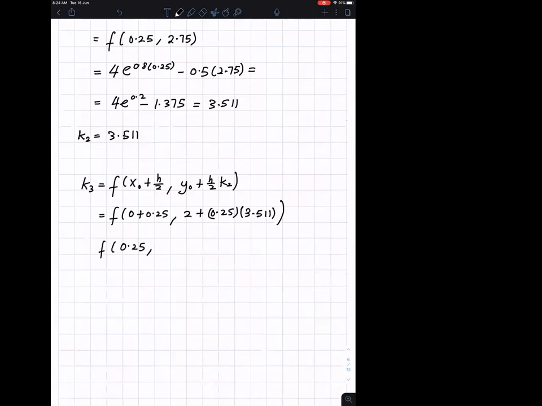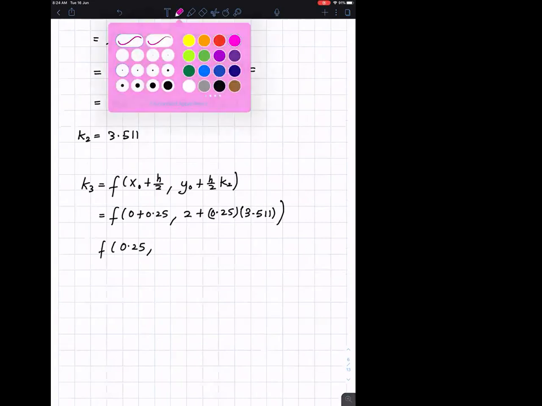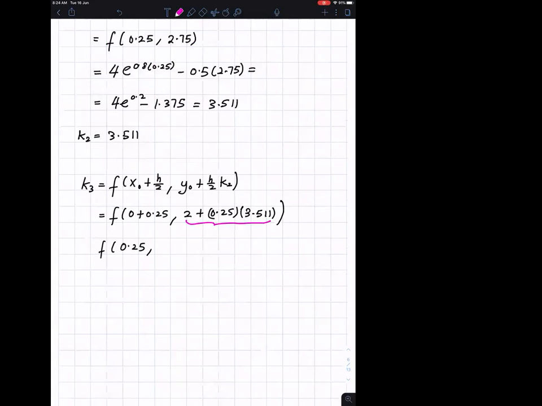If you calculate this, 3.511 multiplied by 0.25 plus 2 gives you 2.8778.